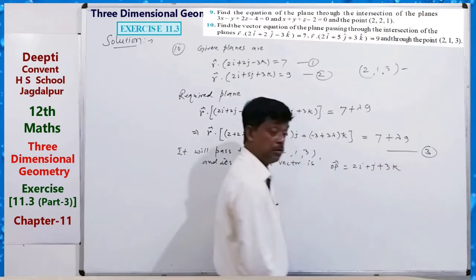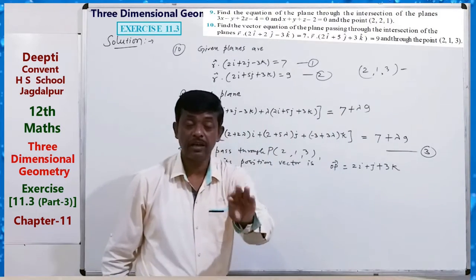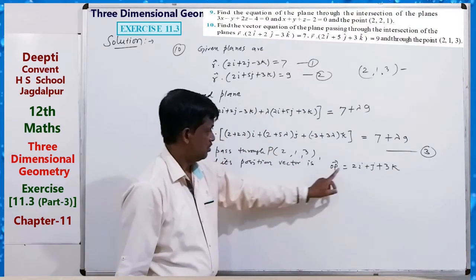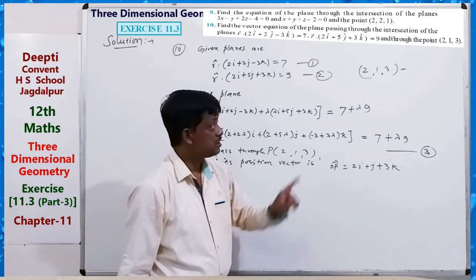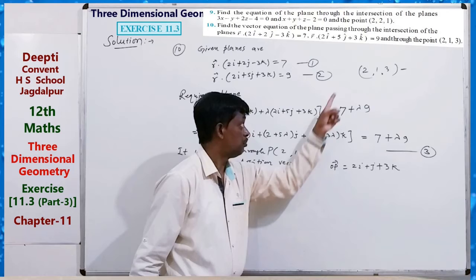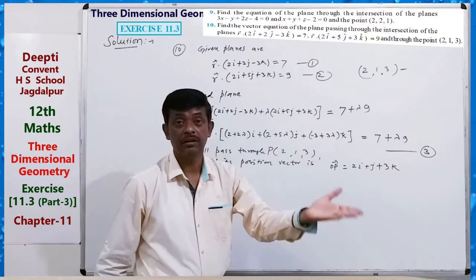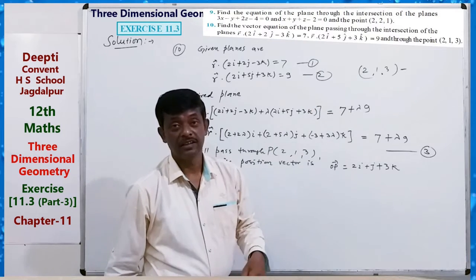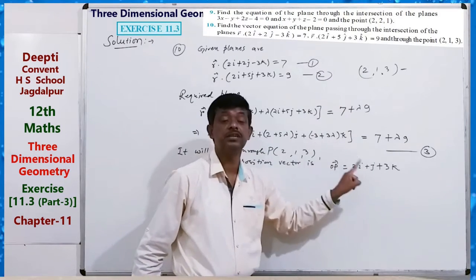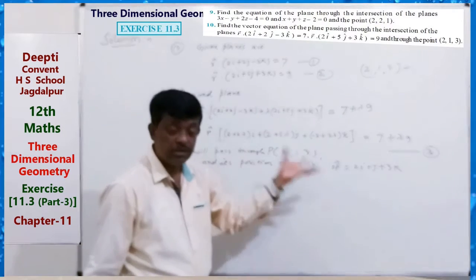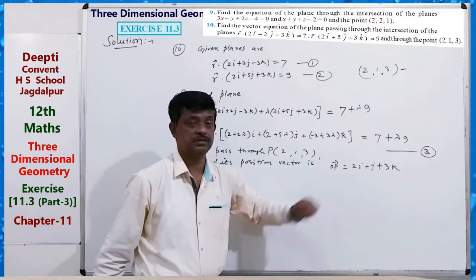We know in vector form, for a point you have to take the position vector 2i + j + 3k, because the point will satisfy this equation. It will satisfy means in place of r you have to write this.